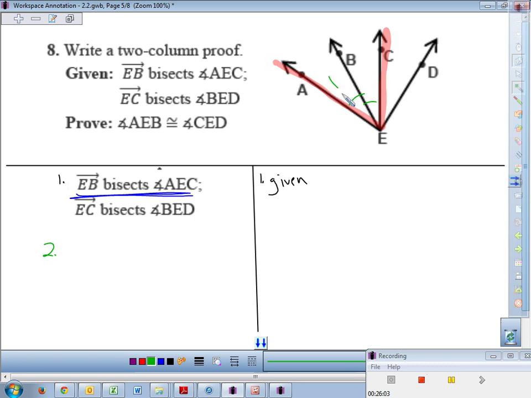Name this angle for me, Mitchell. What is the name of this angle right here? Which one do you want? Angle AEB. Why does E have to be in the middle, my friends? It's the vertex. Cool. What do we want to put right here? It's congruent to. And then what's the name of this angle right here, my friends?